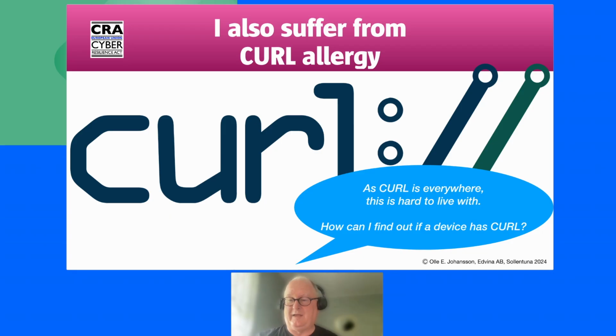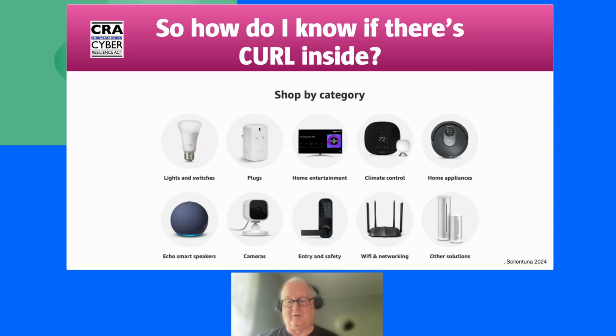This is a tool and a library that we all use to fetch web stuff, web components, web pages, use APIs. It's a library that exists in every car, every game, everywhere. And being allergic to that, I really need to know. I need to have the fine print to see if there's any curl inside a product. So if I go out shopping, look at all this stuff, how do I know if there's curl inside?